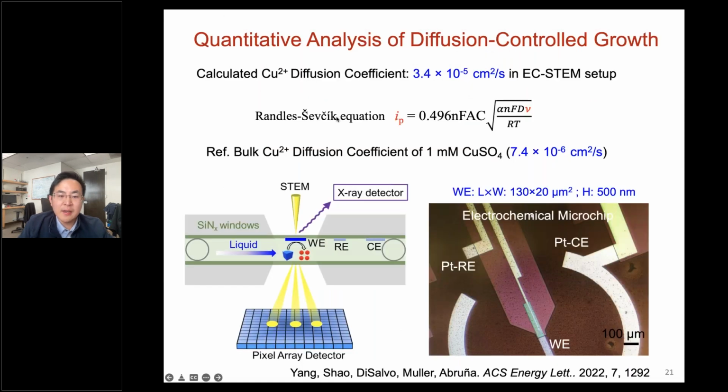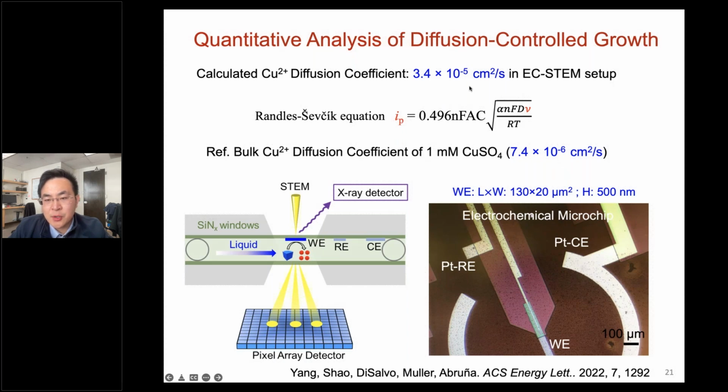With that level of electrochemical data, we can go through the Randles-Sevcik equation. Based on the relation between peak current and scan rate, we can figure out the diffusion coefficient. That is on the order of 10 to the minus 5 square centimeter per second in the liquid cell TEM setup, and in the bulk measurement, we are seeing 10 to the minus 6.